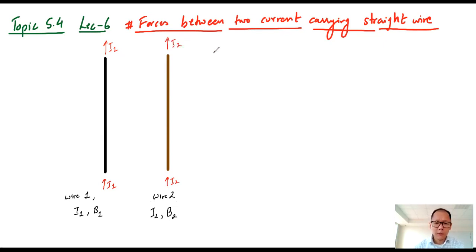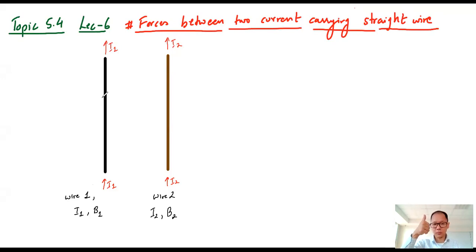Now, let's look at the individual magnetic field of these two wires, and then we'll talk about the force. If you look at the black wire, or in this case, wire 1, we know that the current is flowing in the upward direction. So if I want to find the magnetic field in a dot cross notation, first I'll check how the magnetic field is flowing through the wire.